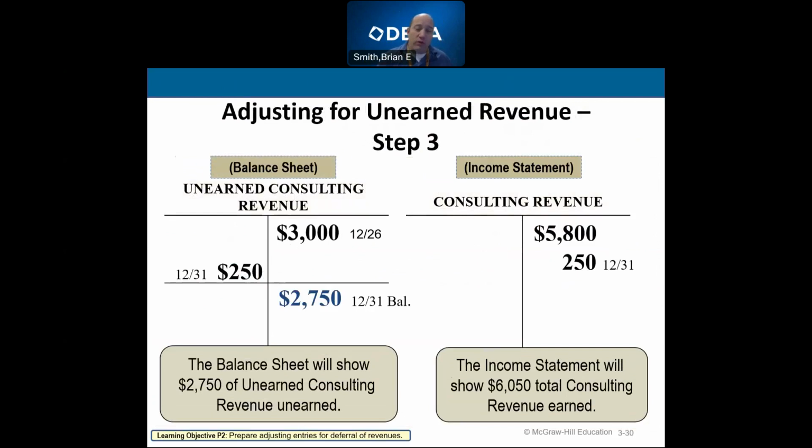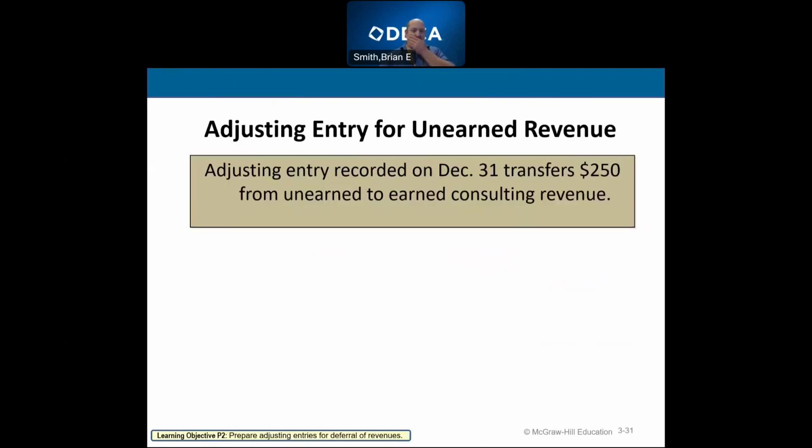So now on this slide here, we see that our income statement, our consulting revenue account has about $6,050 in it. And then our ending balance of our unearned revenue account, or unearned consulting revenue, is $2,750. Forgive me for the yawn. There you have it.